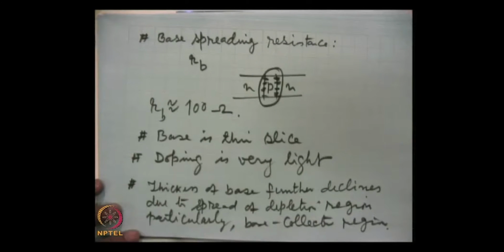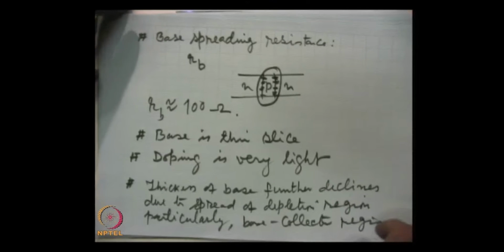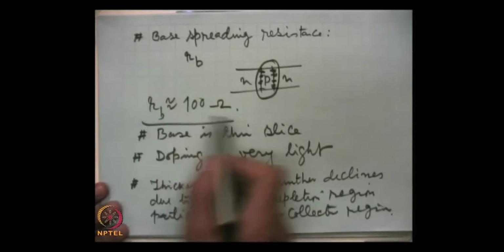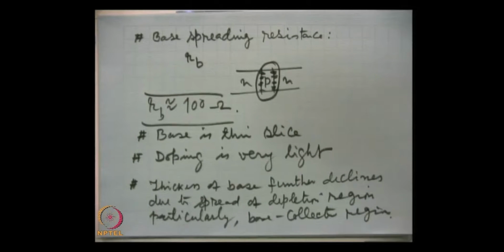So, these are the three factors which contribute to the base spreading resistance, which is of the order of 100 ohms or so. In many analyses we will disregard it, we can neglect it considering other points, but there are situations, as we will see, where this resistance cannot be neglected. So, base spreading resistance.